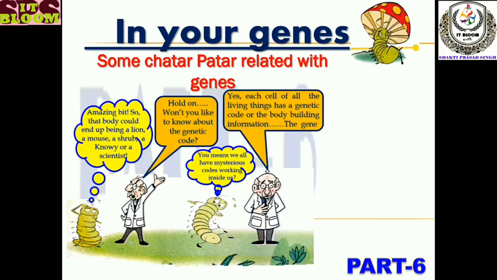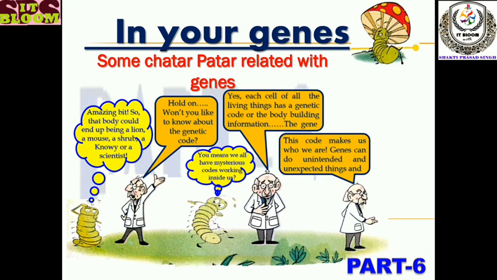That is called a gene. Means body building information or genetic code, genes. Scientists again said, this code makes us who we are. Different codes are making us different people, different living beings.